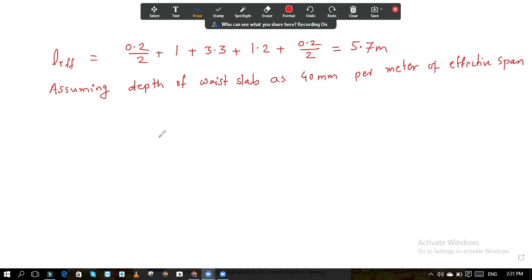Therefore, capital D, the overall depth, is equal to 40 mm into 5.7.